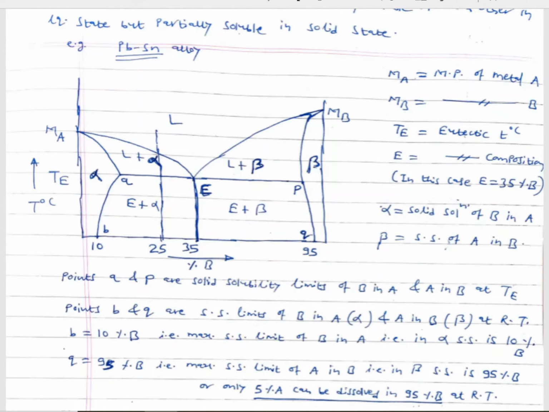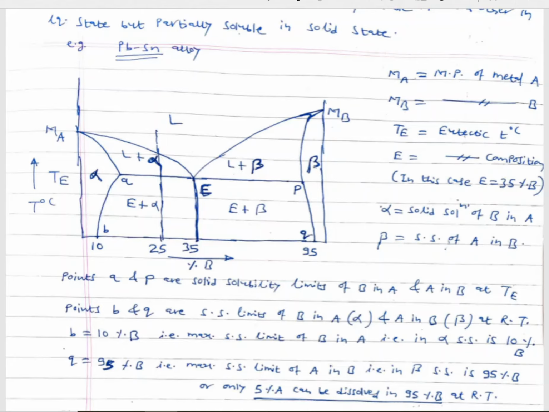Points small a and P indicate solid solubility limits of B in A and A in B at eutectic temperature. Point a indicates the solid solubility limit in alpha solid solution, so B in A at eutectic temperature.